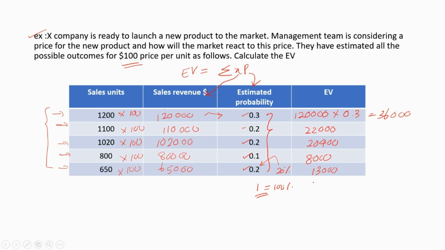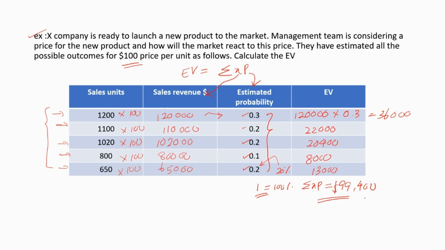Now we have to calculate the total expected value, which is sigma x p equals 99,400. This is the expected value for this scenario, which means if the company decides to go with the price of $100, the average sales revenue will be 99,400.